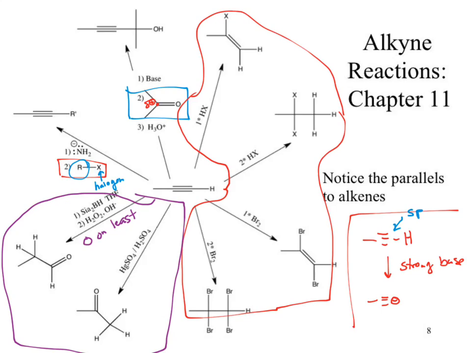What happened when we used our mercury? Where did we put our oxygen? On the most substituted. If we go through and take a look at these 2 reactions, where did the oxygen go in our boron example with alkynes? The oxygen went to the least substituted carbon of the alkyne. Notice it's got the hydrogen coming off of it. It went to the carbon at the very, very end.